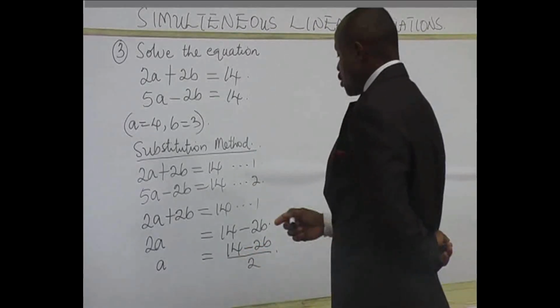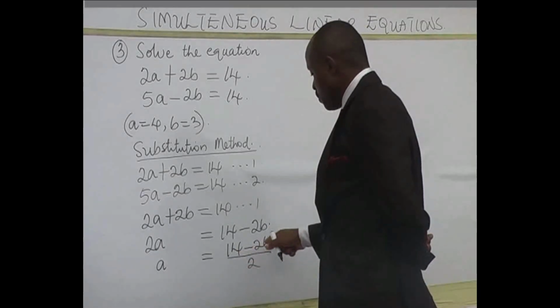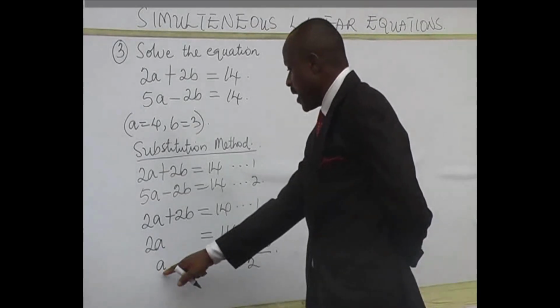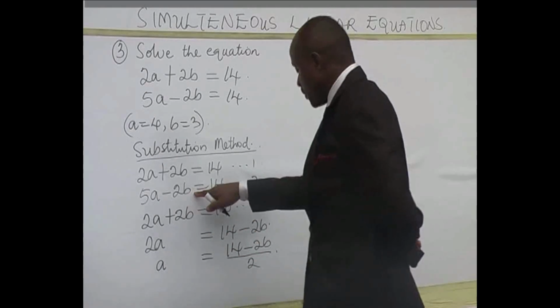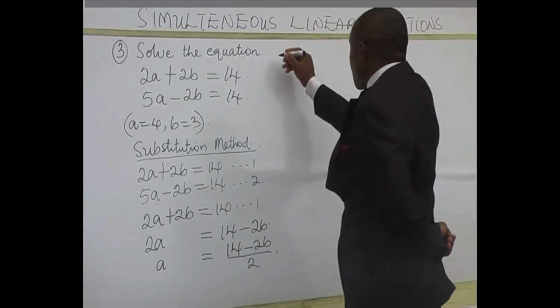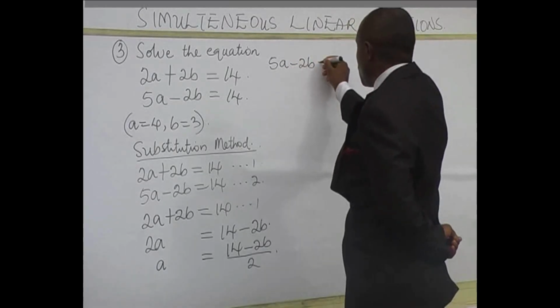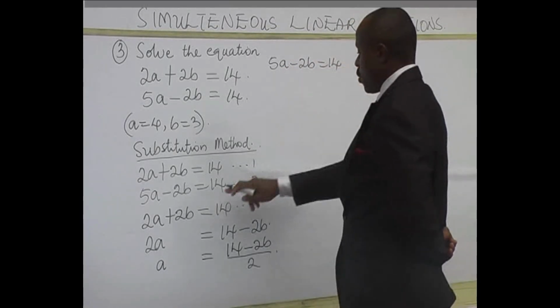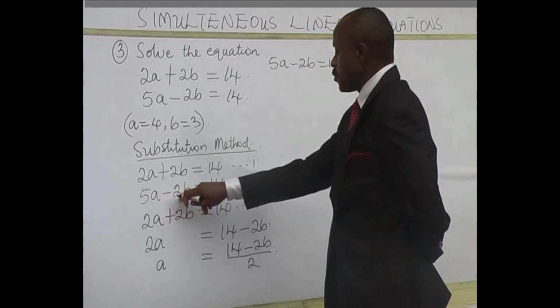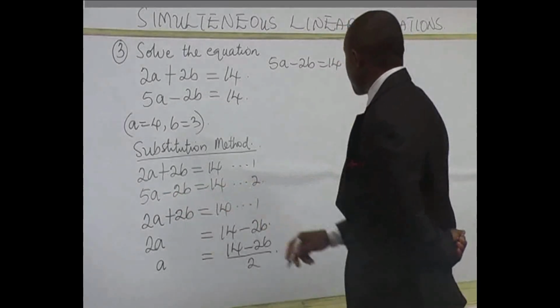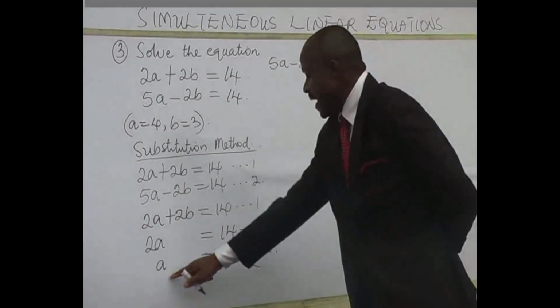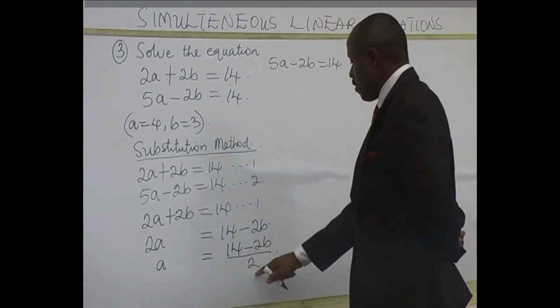Now you are going to substitute 14 minus 2b all over 2 as the value of a in equation 2. Equation 2 is 5a minus 2b is equal to 14. But we have discovered that a is 14 minus 2b all over 2.